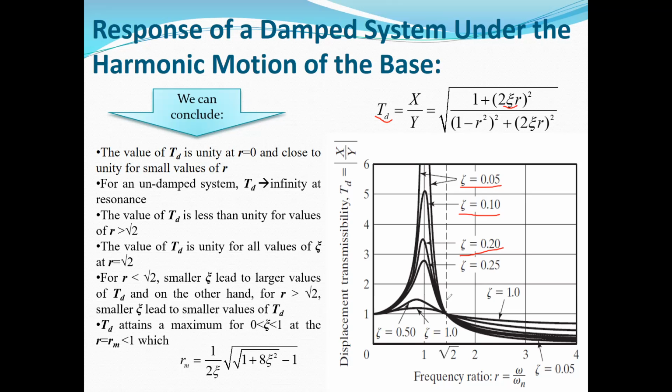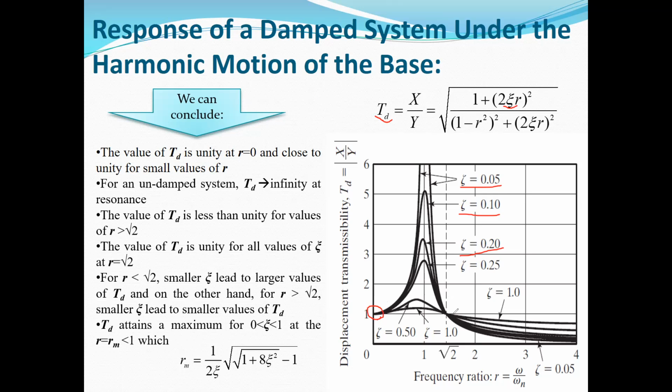And now we can extract some conclusions. The value of TD is unity when R is equal to 0, here at this point, or when we are close to R equal to 0. You can see that TD is equal to 1. It means that the amplitude of the response is equal to the amplitude of the excitation.